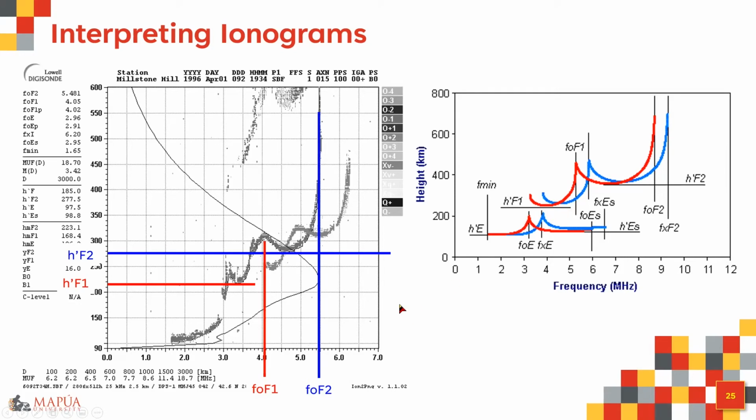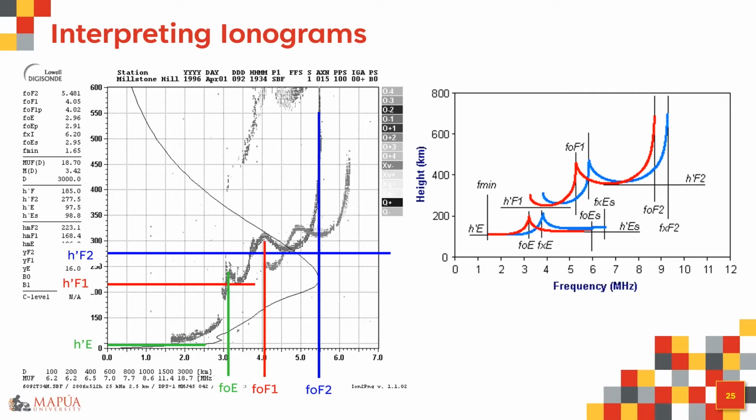And lastly, the E region. foE is the critical frequency of the ordinary wave at the E layer. It can be found here, and the height of the foE layer is somewhere here. It's similar there. Of course, there are additional signatures that can be found in a typical ionogram, but we're going to discuss that a little bit later.